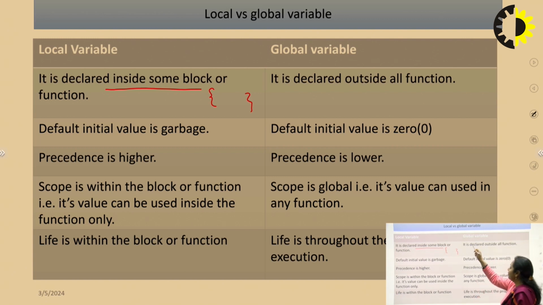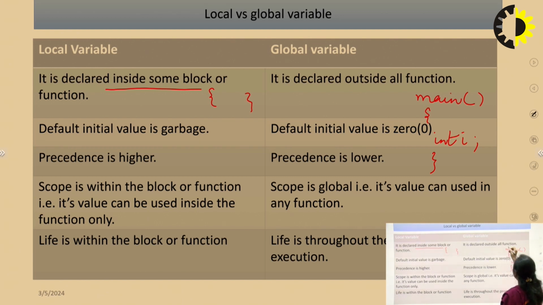But a global variable is declared outside all the functions. Suppose I am writing a program, main, and here I write int i. So i is local.